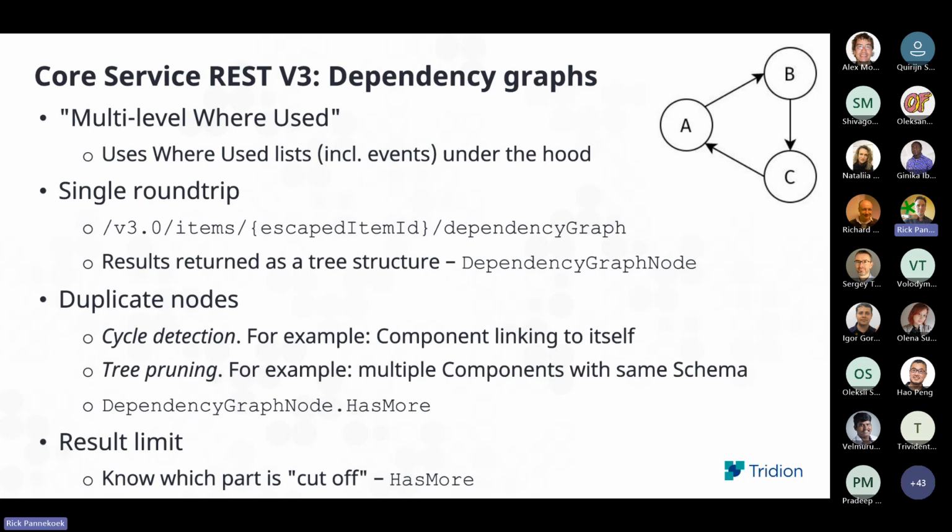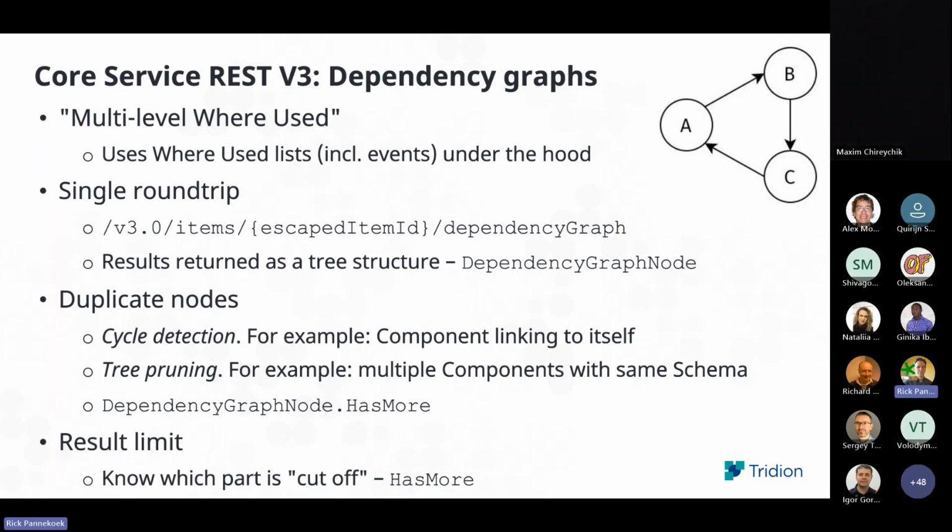And so we created an endpoint where you pass in the ID of an item. Can be any kind of item that supports where used, including publications. And you can also specify the direction of the where used. So do you want the used items or the uses items?